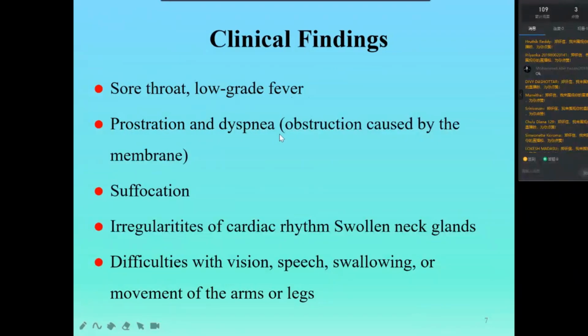So that is the obstruction caused by the pseudomembrane, or suffocation, because they cannot get oxygen into the body. And from outside, you will see the swollen neck gland. The patient might suffer from difficulties with vision, speech, swallowing, or movement of arms or legs. So these are the different clinical findings.